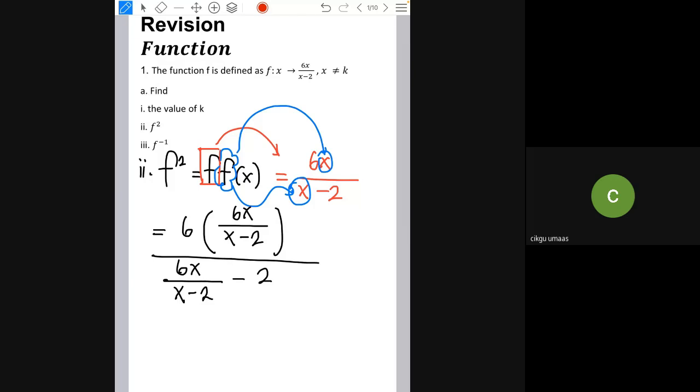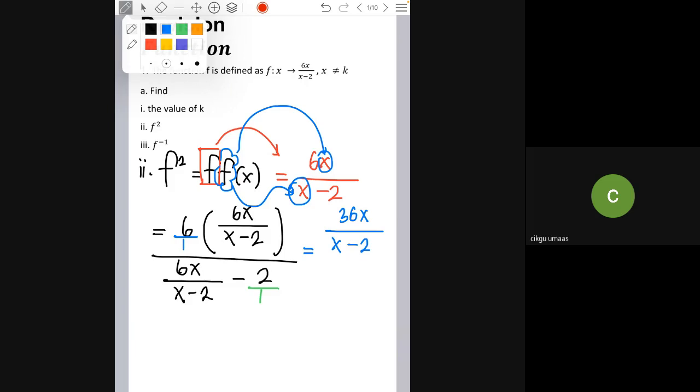Okay. Now let's go to the next step. We multiply in. So this is actually 6 over 1. So when you multiply, you're going to get 36x over x minus 2. Mathematically, the denominator is 1. Do you agree with me, students? So if I'm going to make the denominator the same, I'm going to cross multiply, the easiest way.